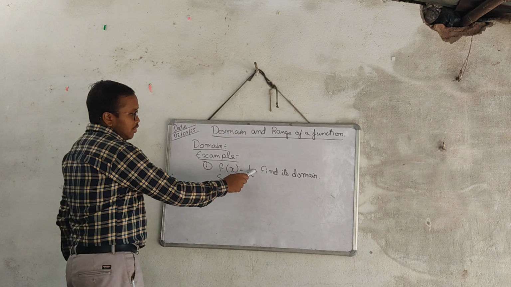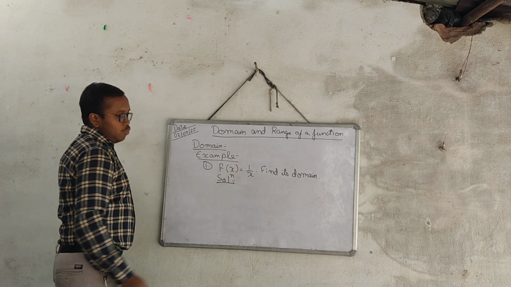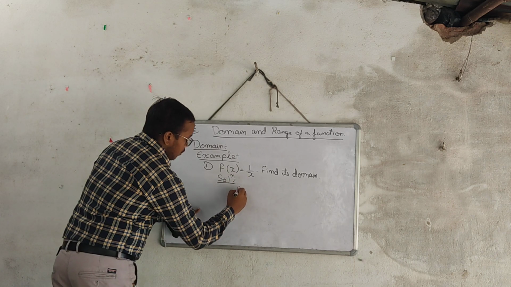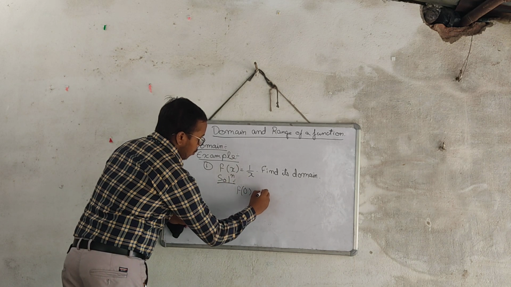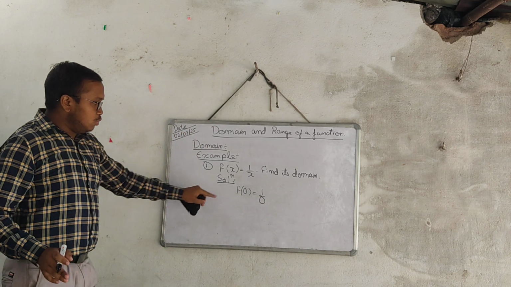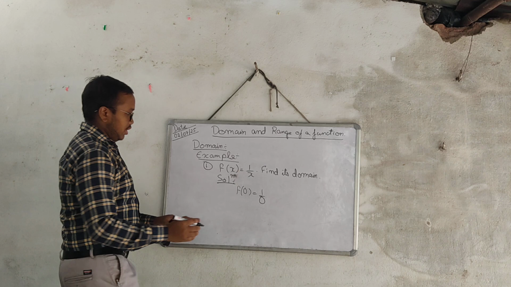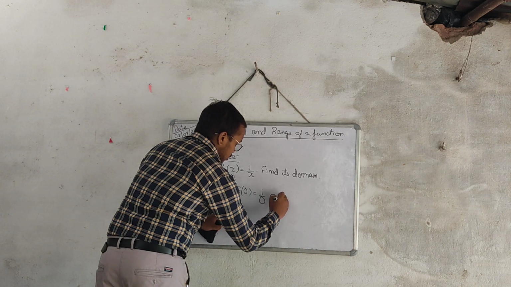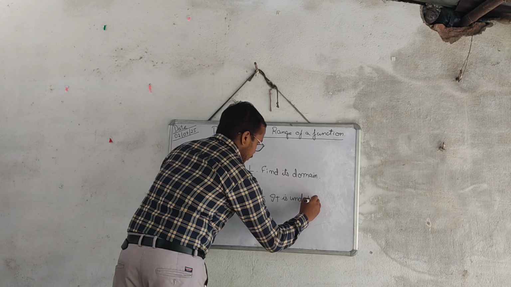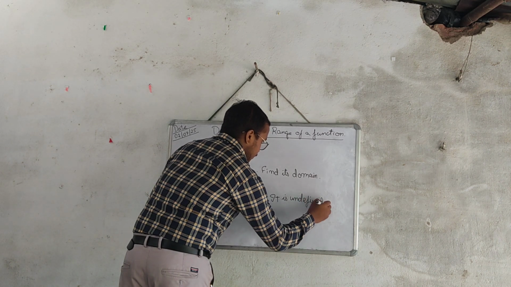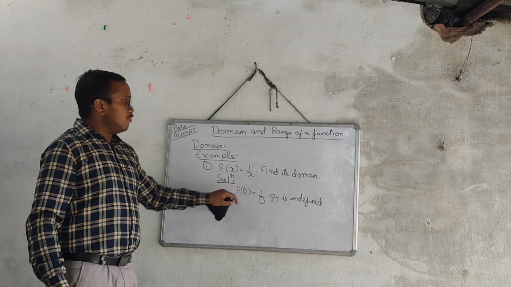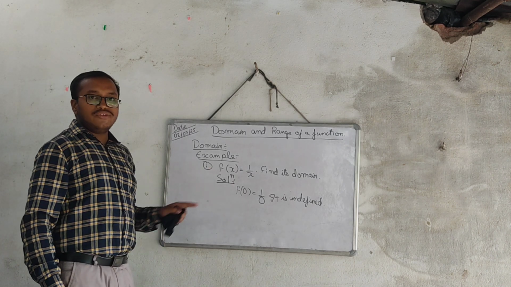If we put the value of x as 0, what will be the function? f(0) is 1/0. Is it defined or undefined? Here we see that the function is undefined. So if we put x as 0, the function becomes undefined.